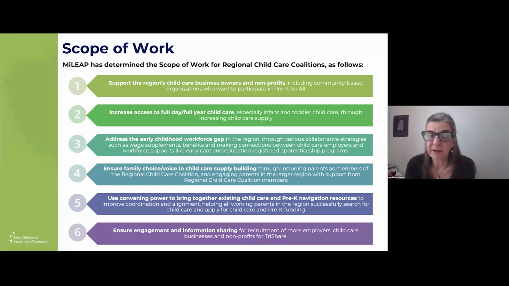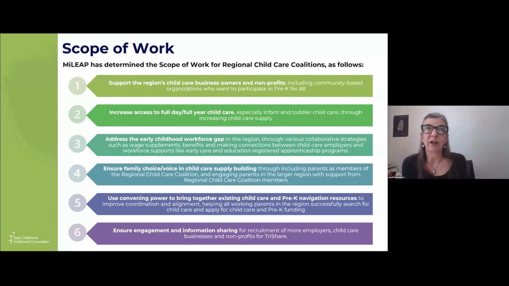We've seen in the planning period with regional coalitions that they have convening power. And one of the things that we know is challenging across Michigan is families navigating existing childcare and pre-K resources and supports. We often hear that while there's a lot of information out there, families aren't sure where to go to find their way to childcare supports or pre-K supports.